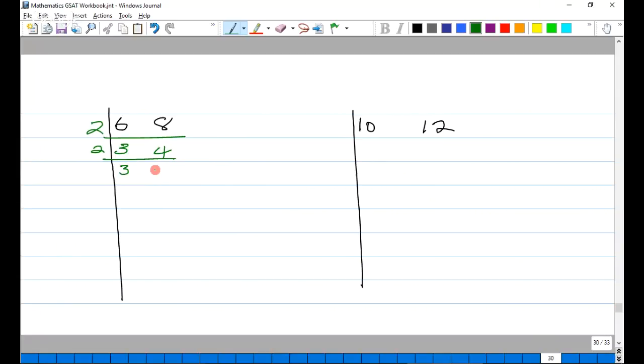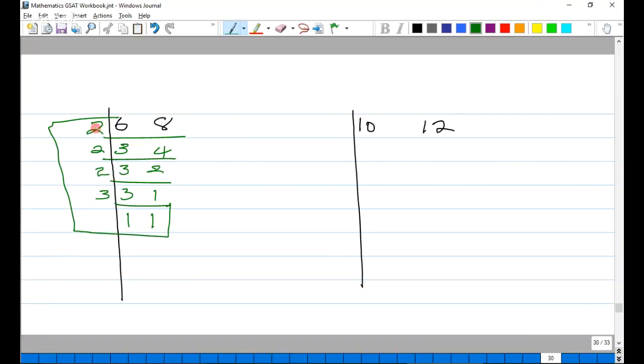And 2 into 4 goes 2 times. Write back your 2. And write back your 3. Then 2 into 2 goes 1 time. 2 can go into 3, but it's going to leave a remainder. So you're going to use 3 into 3 now, and write back that 1.